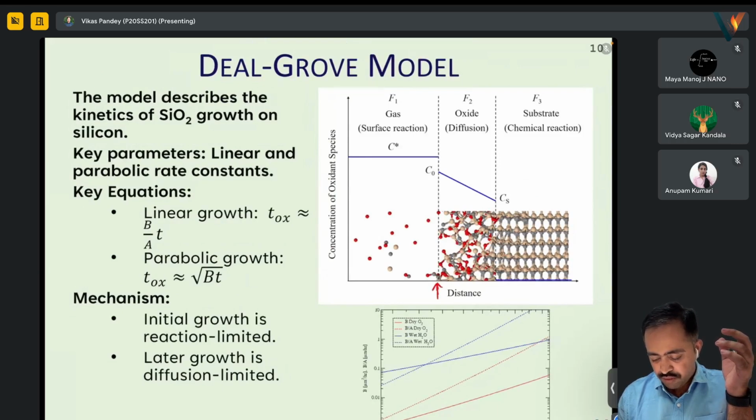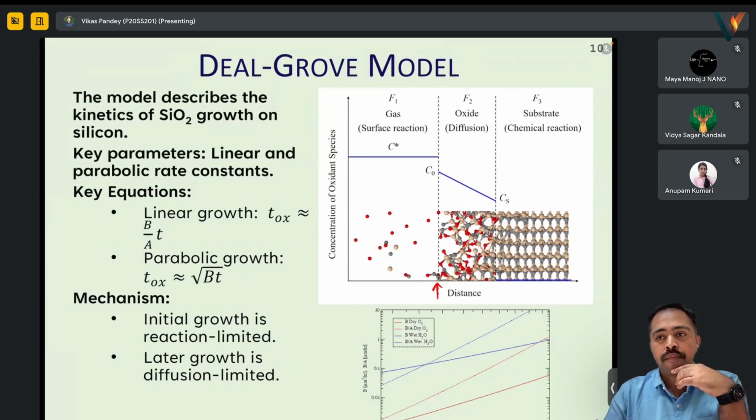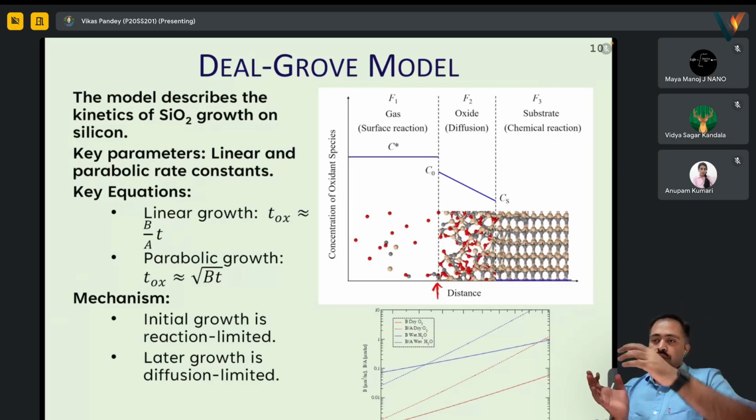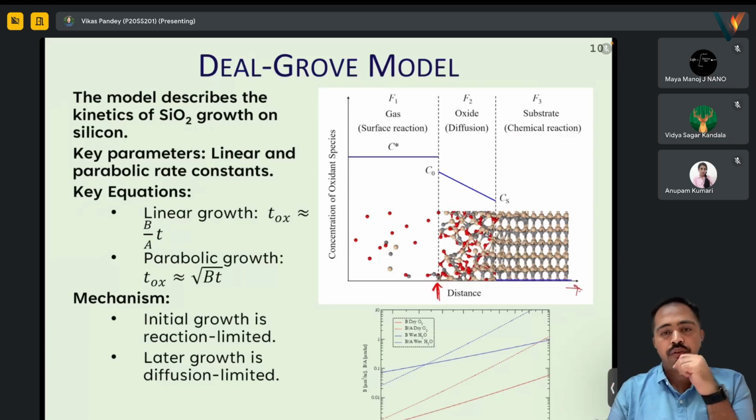Are you able to see my marking where I am putting? Yes, sir. Okay. So this is the top surface where we are starting. We have inverted the wafer, and we are saying this is the top, and going inwards we are going towards the bottom.